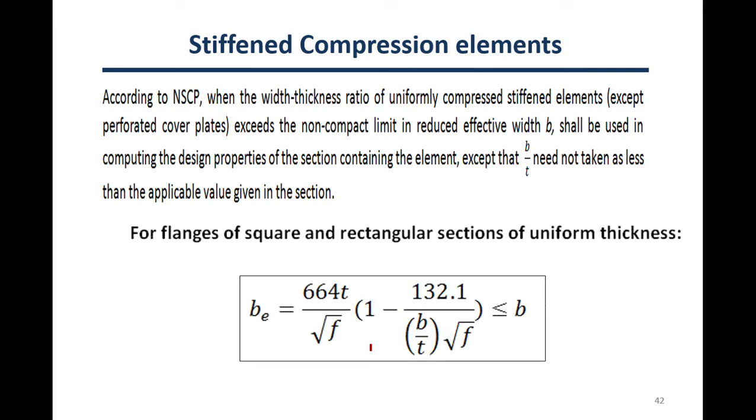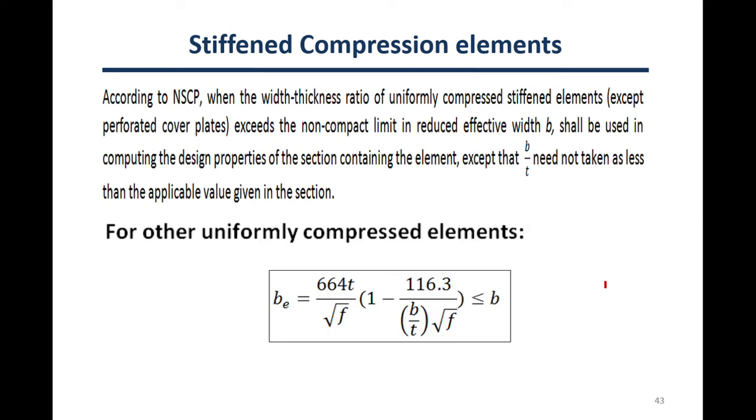So, the flange of square and rectangular section of uniform thickness. So we have here, sabihin natin, so you have to solve for this one. To check is dapat siya ay less than or equal to value of B. Ayan. For the uniformly compressed elements. Itong gagamitin naman natin. Di ba?